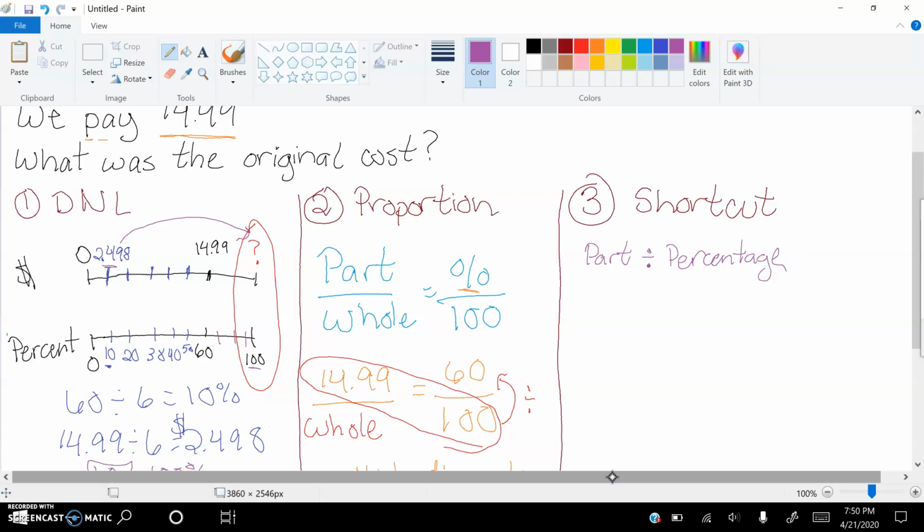Now we know the part. We know that we pay $14.99. Now the question is, what are we going to write as our percentage?